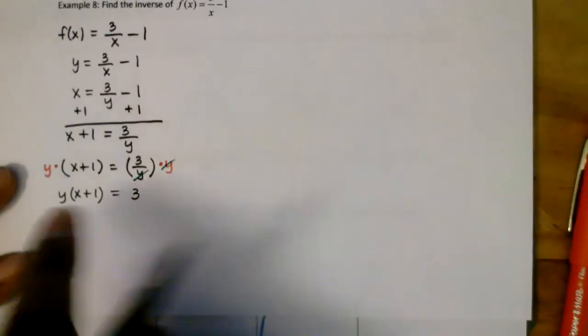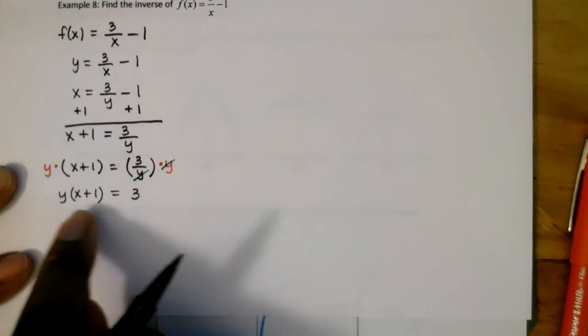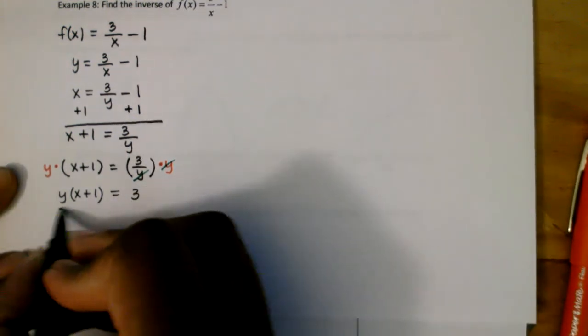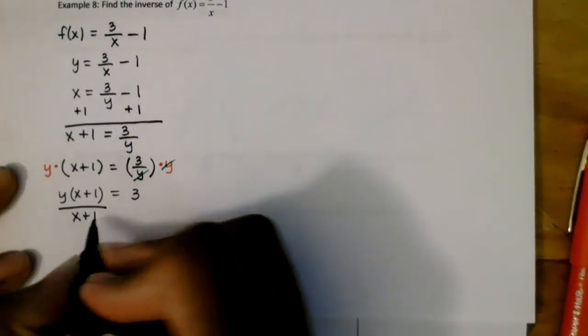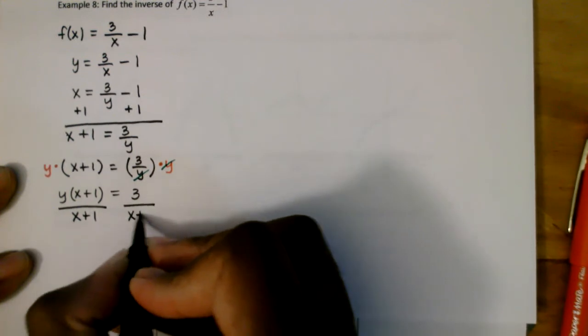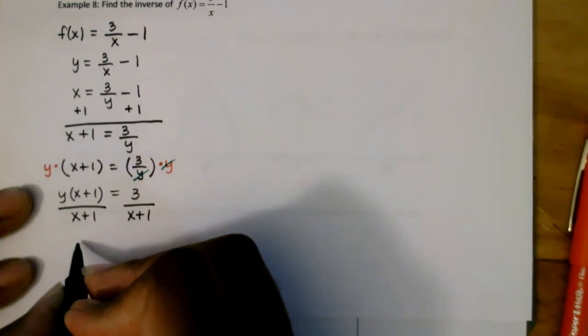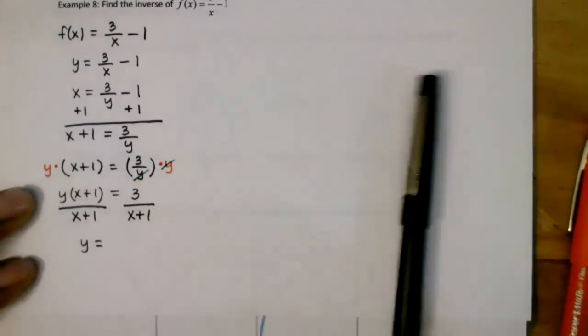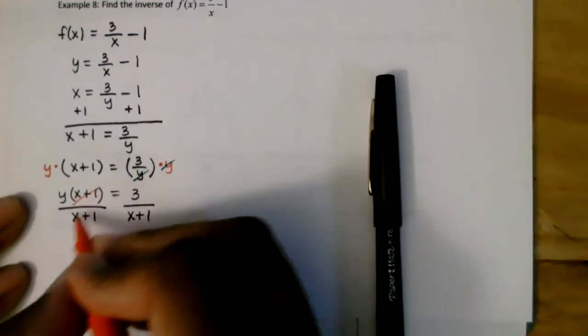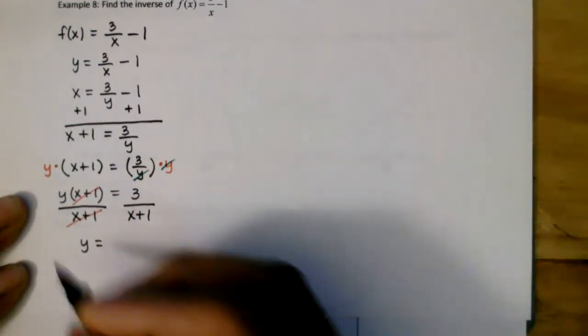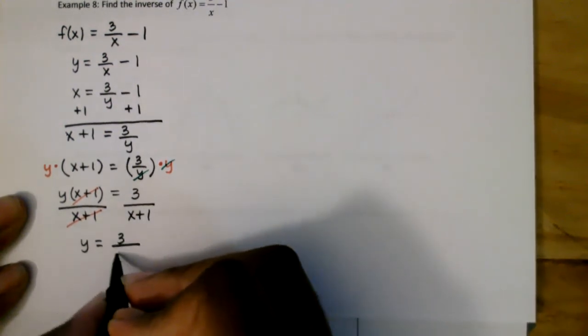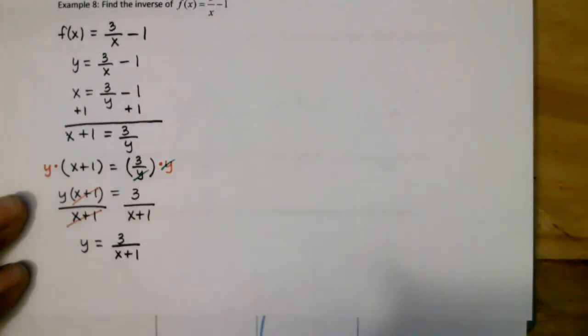And as you can see here, I can easily get y by itself. I'm multiplying by x plus 1, so I need to divide both sides by x plus 1. So here, this will be y because the x plus 1s are gone, and that would be equal to 3 divided by x plus 1.